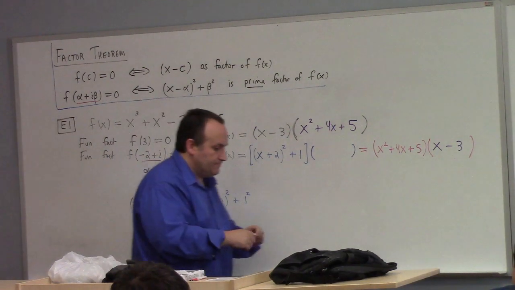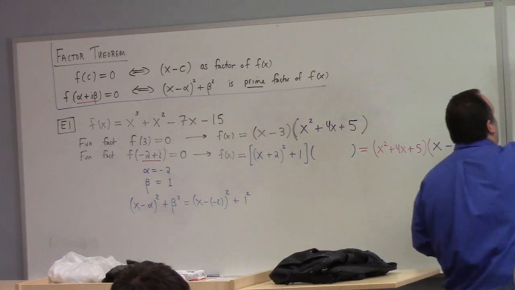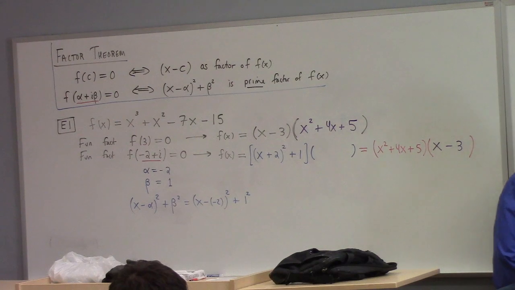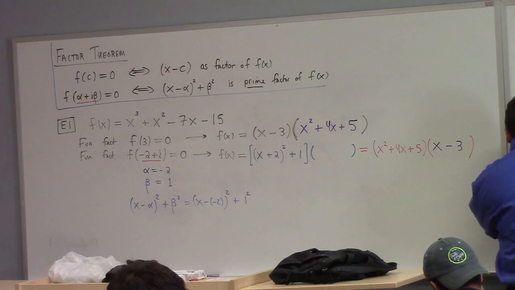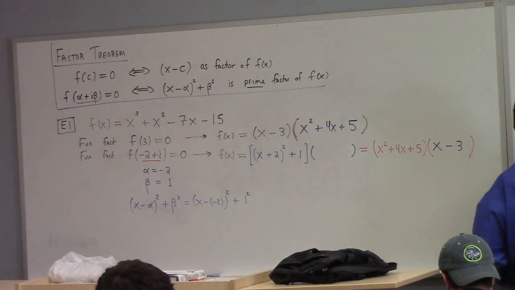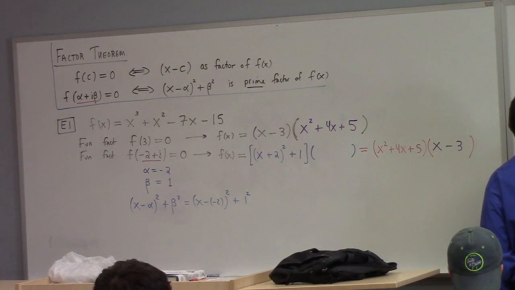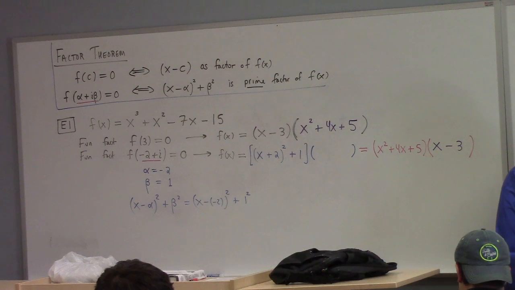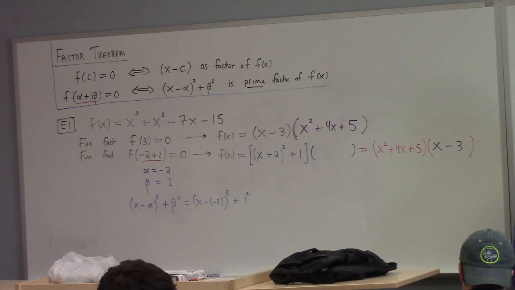Let me show you another one. Example 2. You're given f of x equals, let's say, x to the fourth minus 5x squared plus 6.